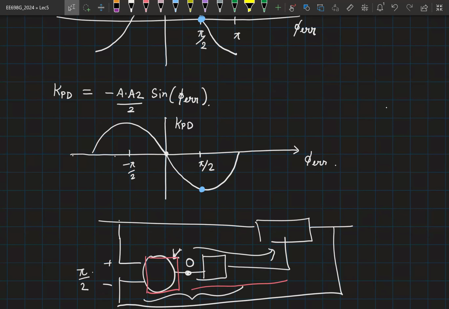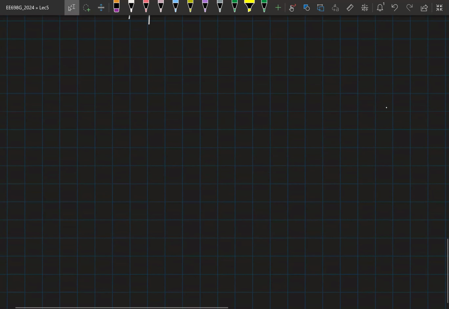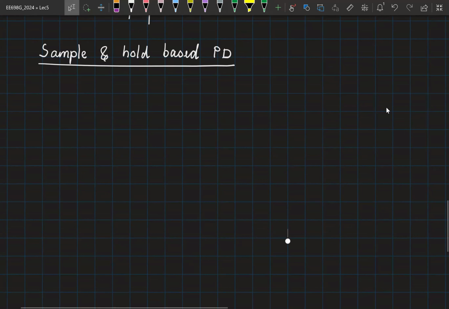Okay, so the next phase detector that we want to consider is a sample and hold based PD. The idea is very simple.